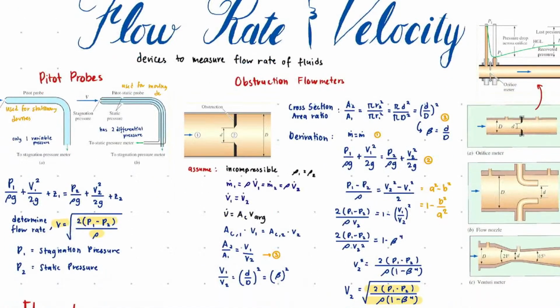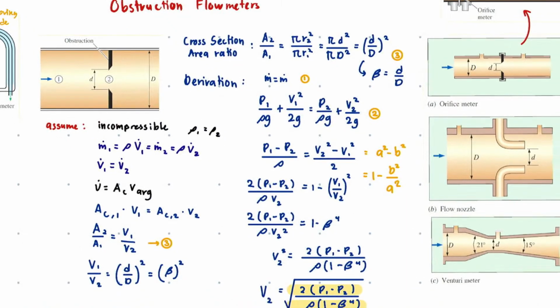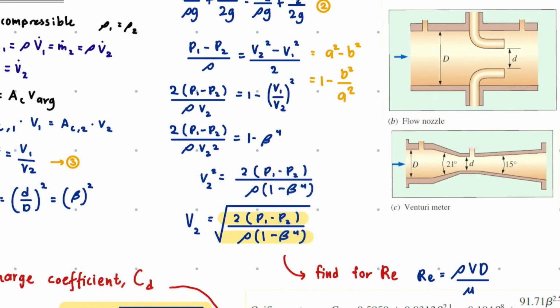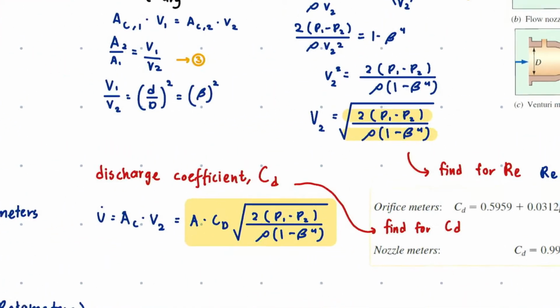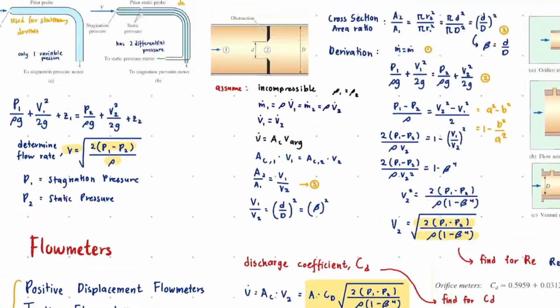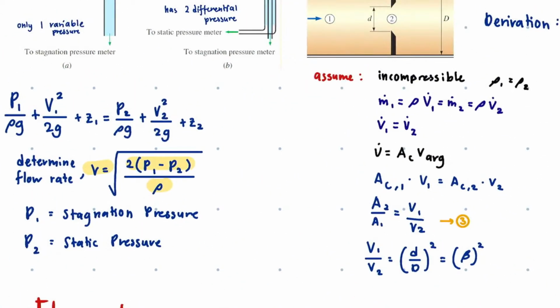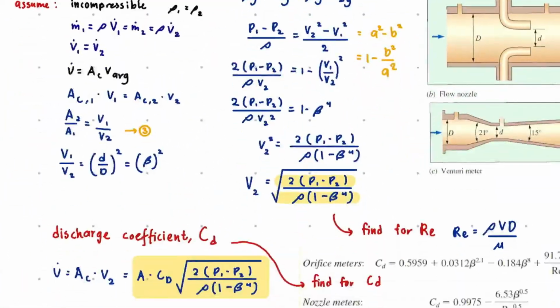Rate velocity, not so important, I don't know. Discharge coefficient, probably not much. All of this is already in your textbooks, so don't need to worry.